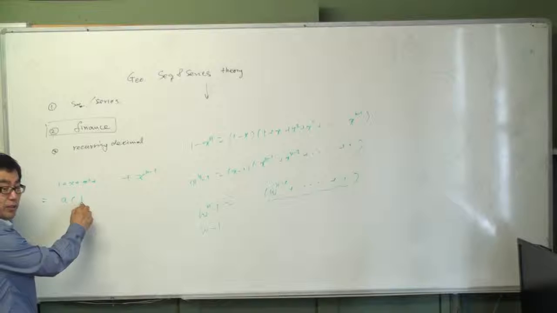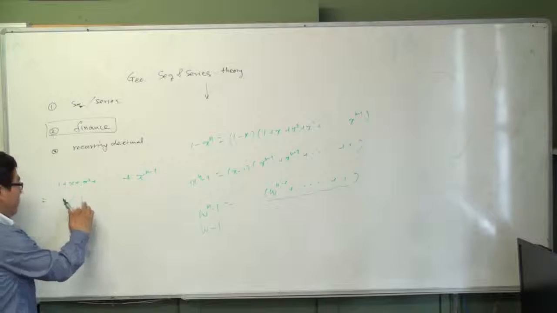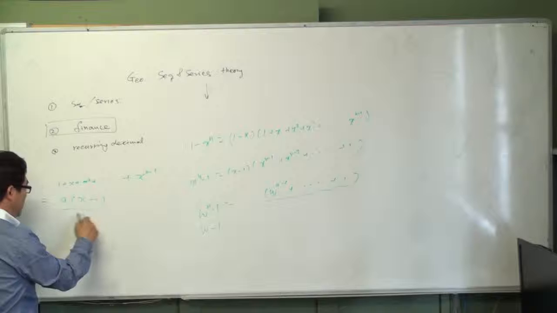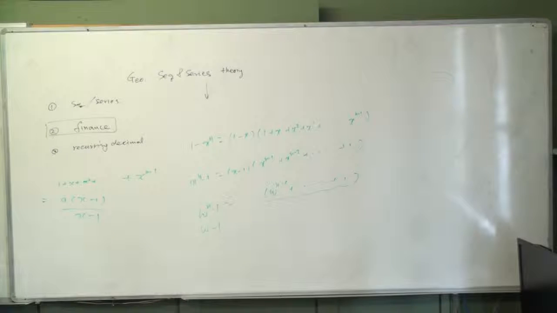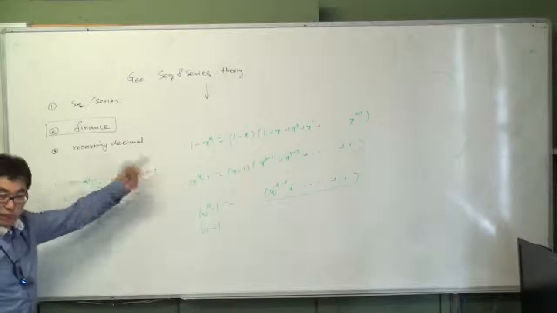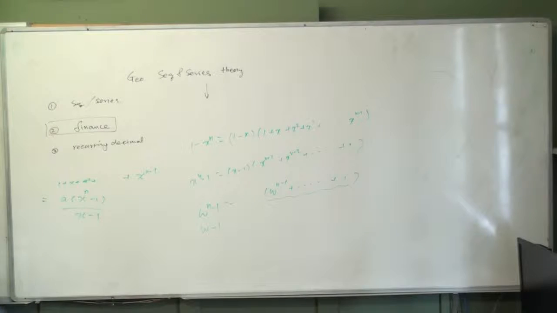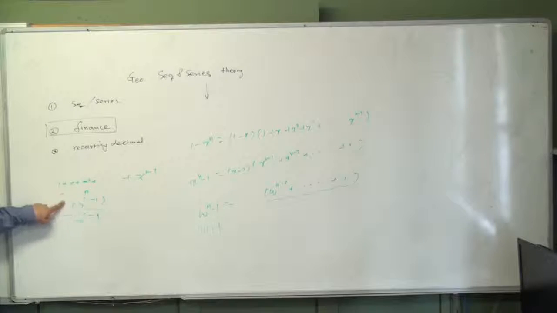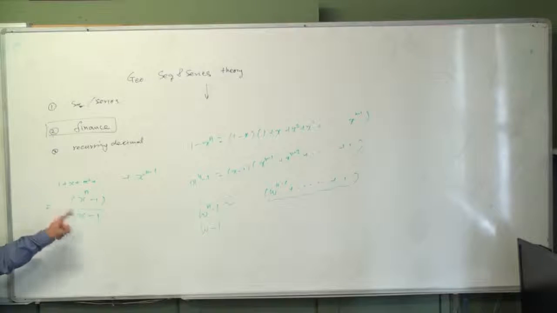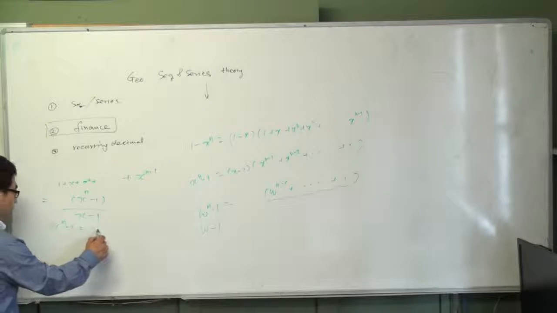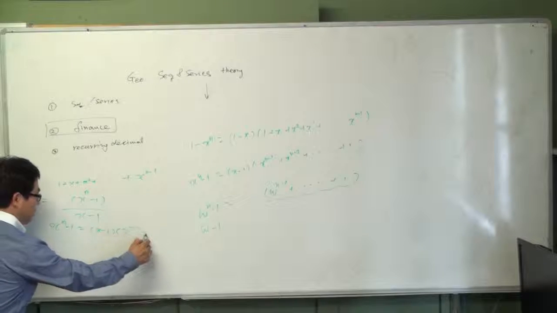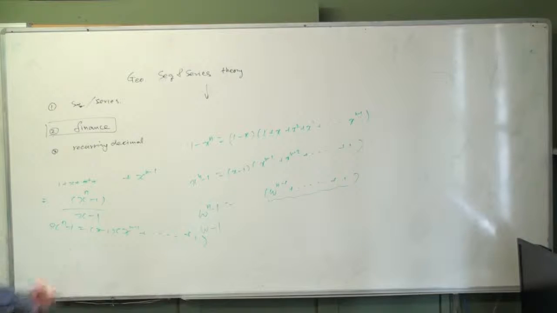What's the common ratio? x. So now you can prove the factorization: x to the n minus 1 will be x minus 1 times the sum. So you can prove that formula by using a geometric sequence.